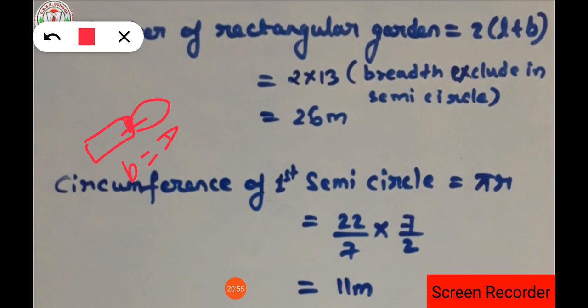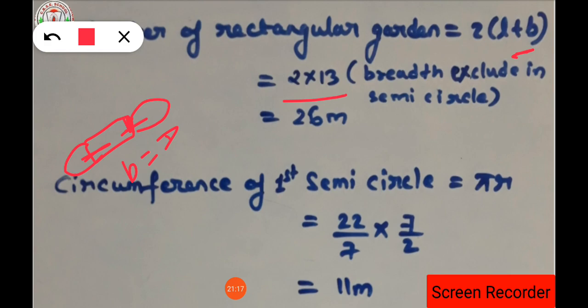That's why this will be excluded from both sides. So here the breadth will be considered as 0. So 2 into 13 will be the perimeter of the rectangle. Understood why we excluded it? Since that particular part of that rectangle is included in the semicircle.